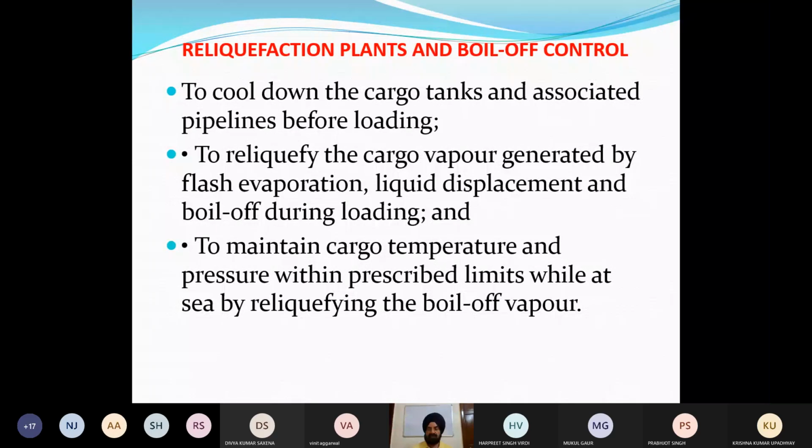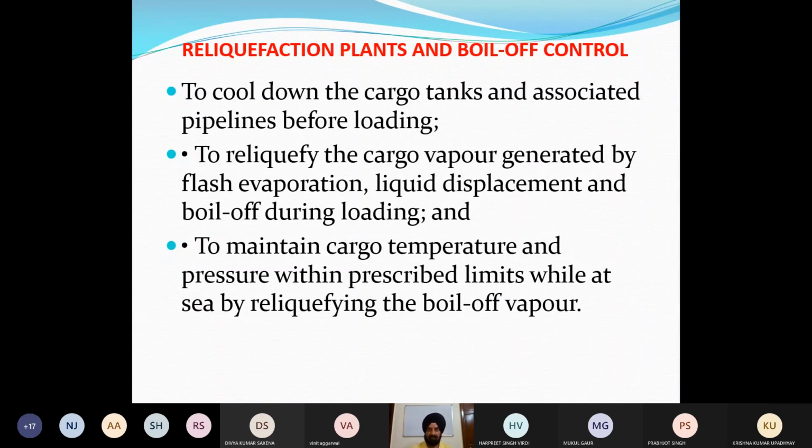So if the liquid is at -100 and I put it into a normal tank, which is at 20-30 degrees plus, this liquid will immediately vaporize and convert back into vapors and again pressure will increase. So even at that time we take out those vapors and convert them back into liquid. Pipeline, anything to be cooled, converting them back into the liquid. So one purpose is that.